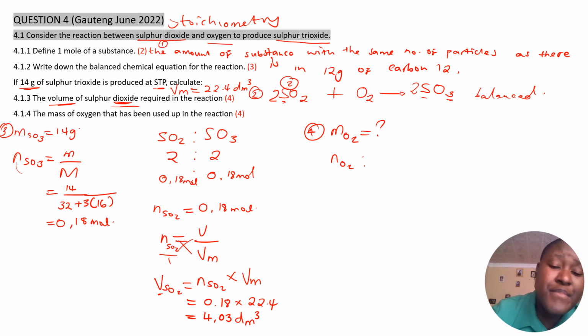Let us compare sulfur dioxide and oxygen. So you have SO2 is to O2, which is 2 is to 1.